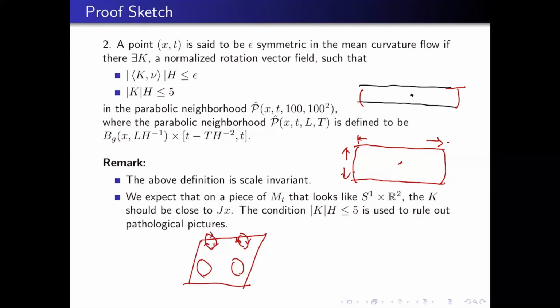But now we can also choose a different rotation vector field, which rotates the R2 vector. So this is not what we want. But this bad vector field does have huge norm, which means it will violate the second condition. So with this condition, we are able to rule out all the exotic pictures that we don't want to see.